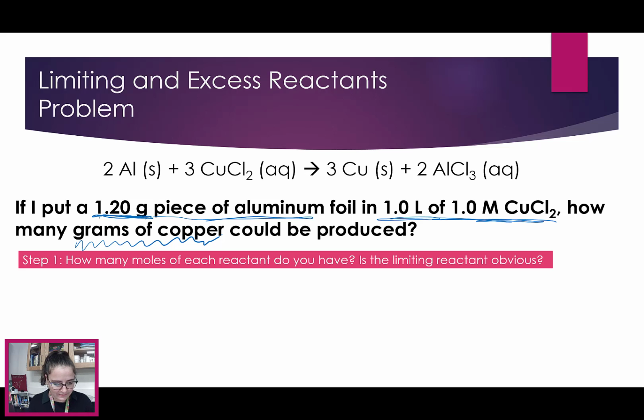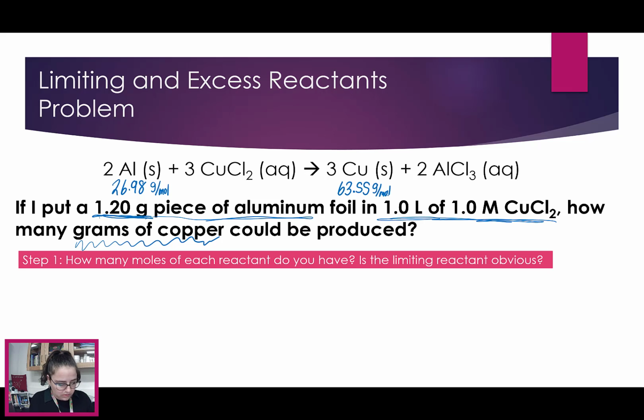Now, we know we have grams and moles, so I'm going to go ahead and write our molar masses. Aluminum has a molar mass of 26.98 grams per mole. Copper is 63.55. Just write that right now, 63.55.